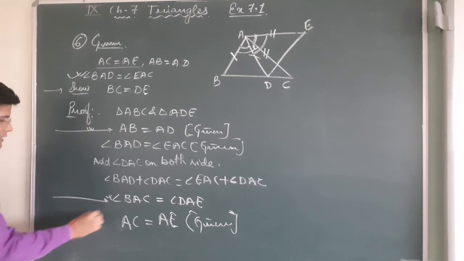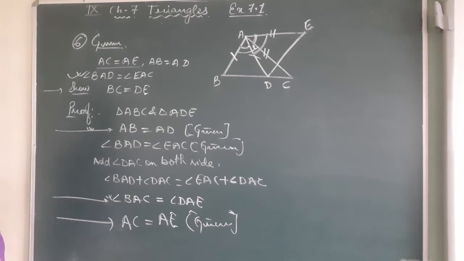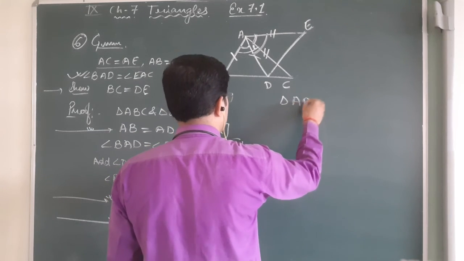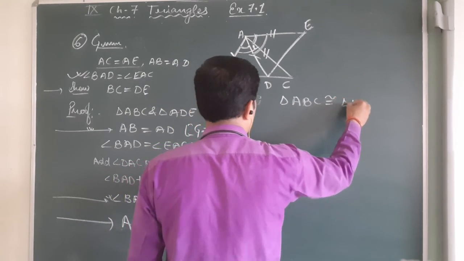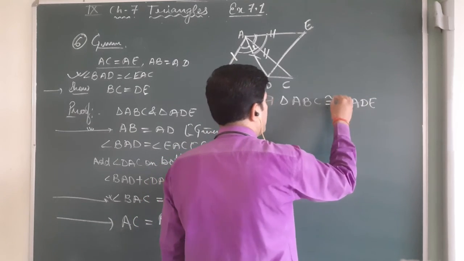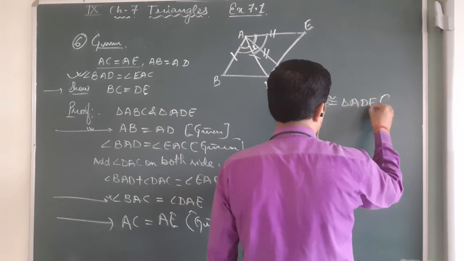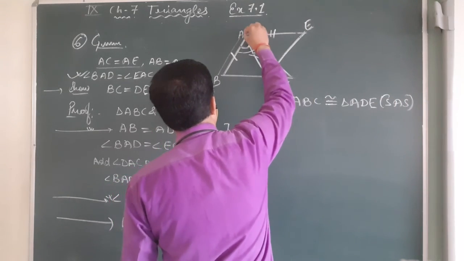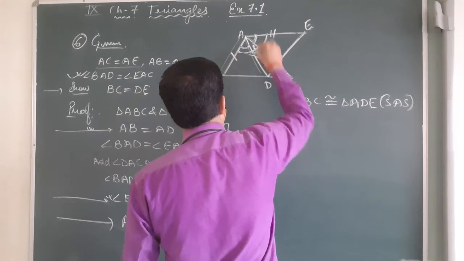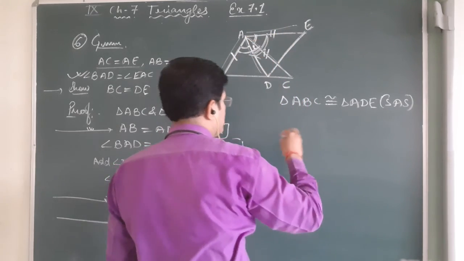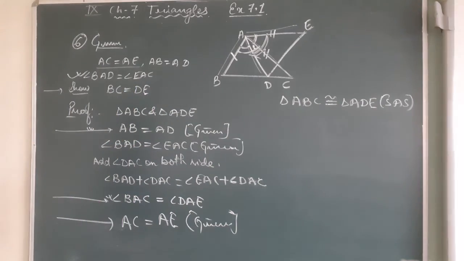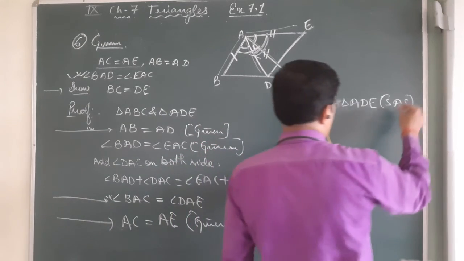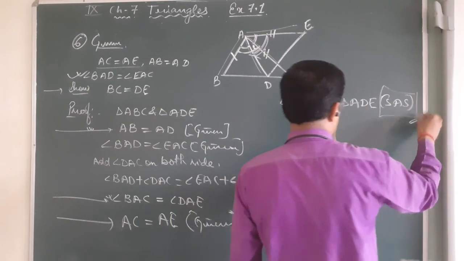So triangle ABC is congruent to triangle ADE by the property of SAS, because we have two sides and the angle between them here, and also two sides and the angle between them there. So we have done this by the SAS congruence rule.